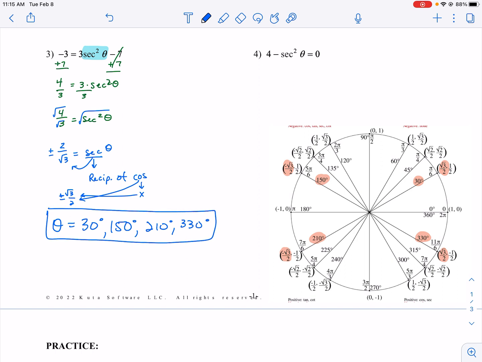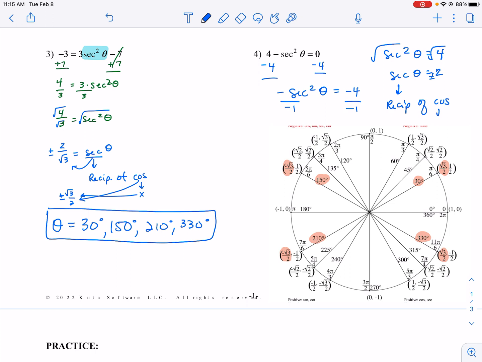The last one, we would subtract 4 from both sides, getting negative secant squared equals negative 4. Divide by negative 1, and we get secant squared equals 4. When you take the square root, you get secant is equal to plus minus 2. So this confused students earlier today. This is, remember, the reciprocal of cosine, which is x.